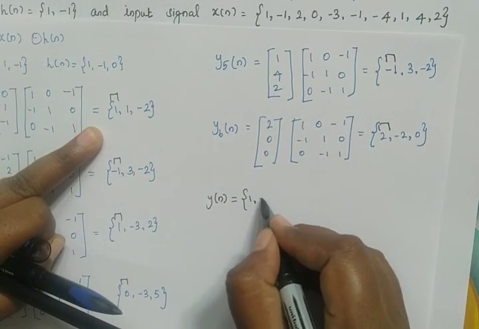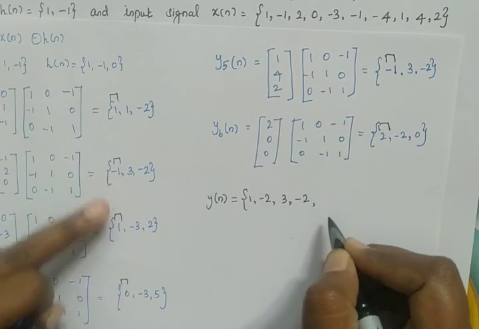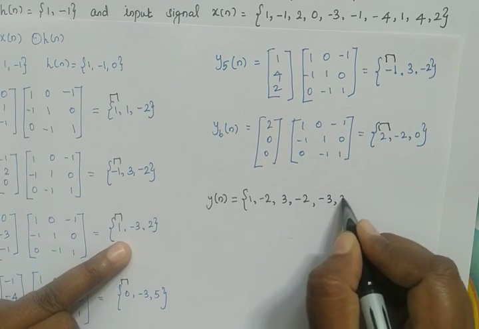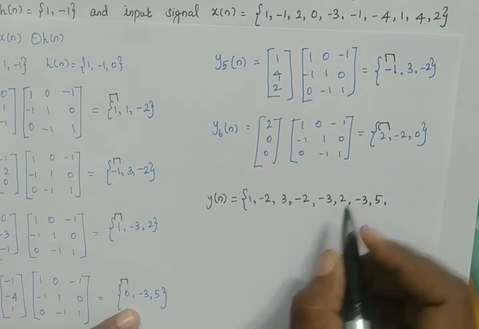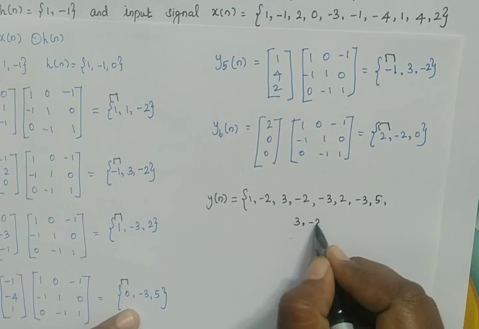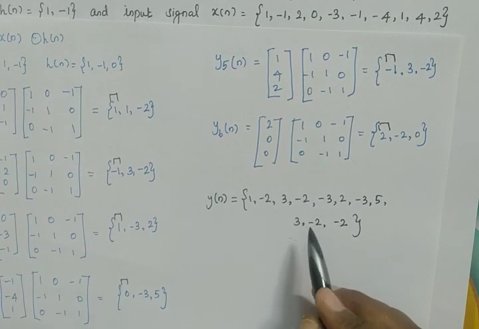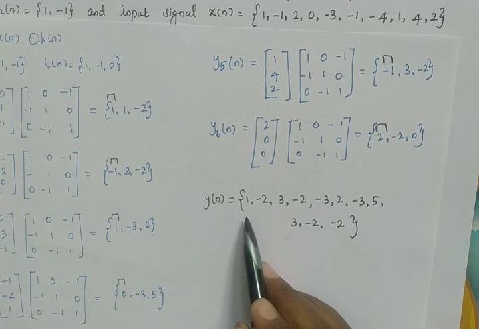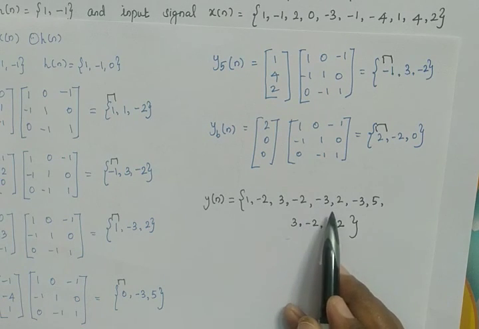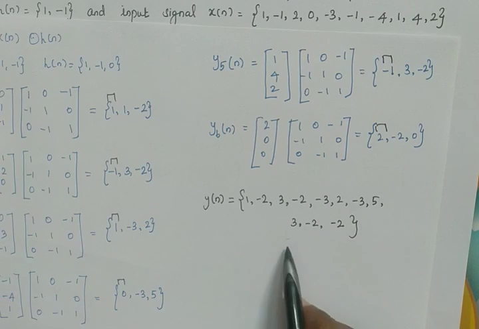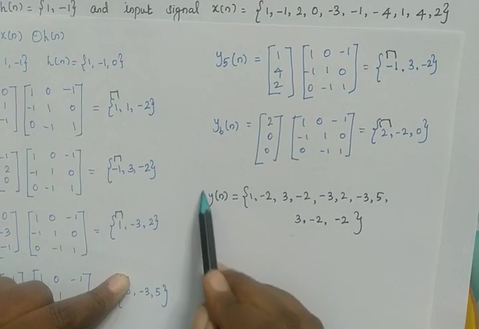The answer will be 1, comma, minus 2, and here it is 3, comma, minus 2, and here it is minus 3, comma, 2, and here it is minus 3, comma, 5, and here it is 3, comma, minus 2, here it is minus 2. So the final answer is 1, minus 2, 3, minus 2, minus 3, 2, minus 3, 5, 3, minus 2, minus 2. This is the final answer for this problem.